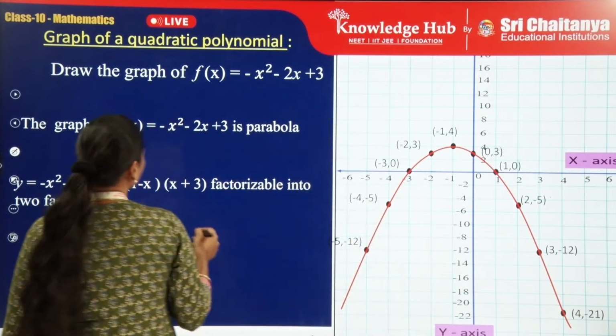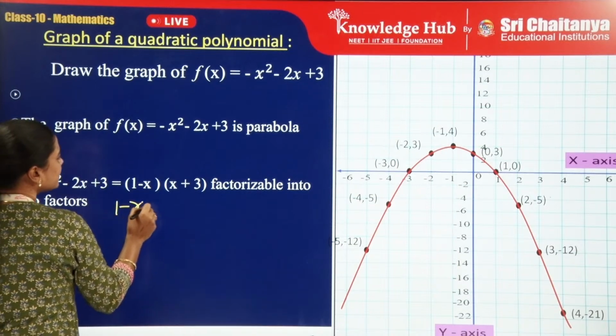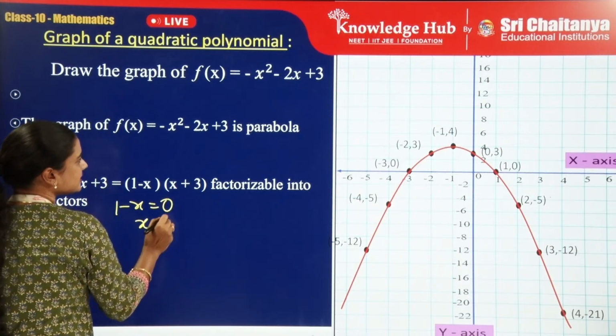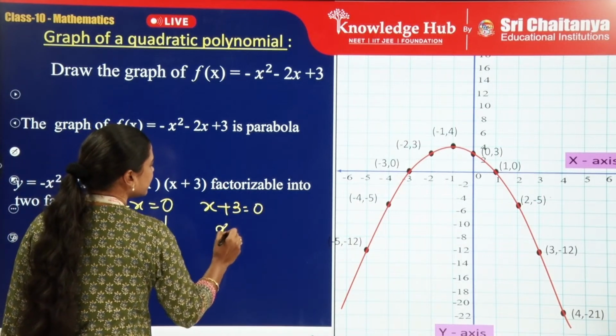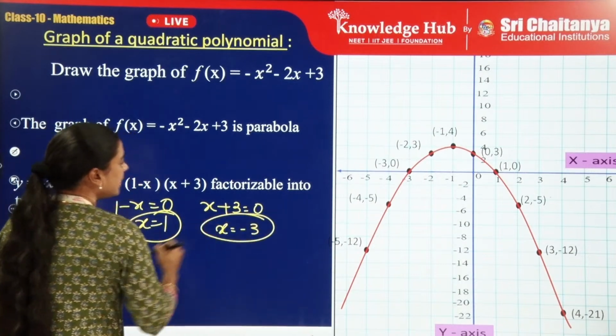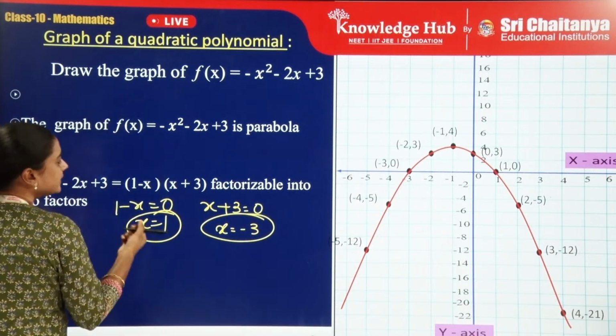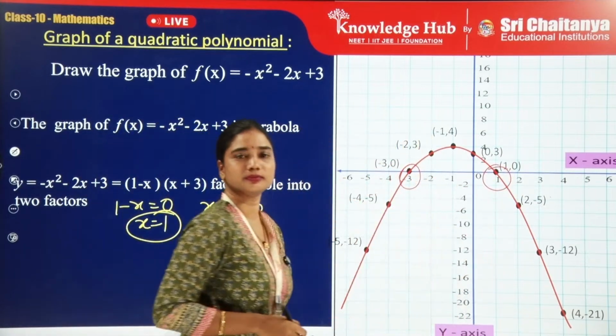Equate this to 0. As 1 minus x equal to 0, x is equal to 1. X plus 3, if you equate to 0, x is equal to minus 3. If you observe, the parabola touches the x-axis at these 2 points only, minus 3 and plus 1.